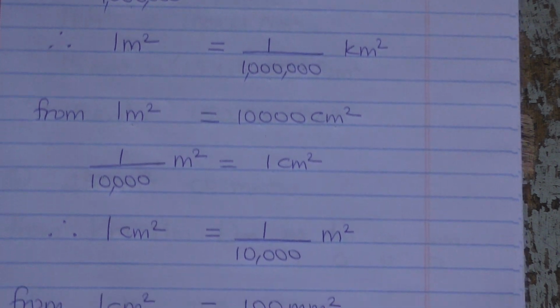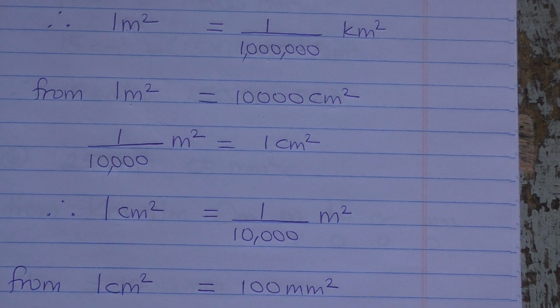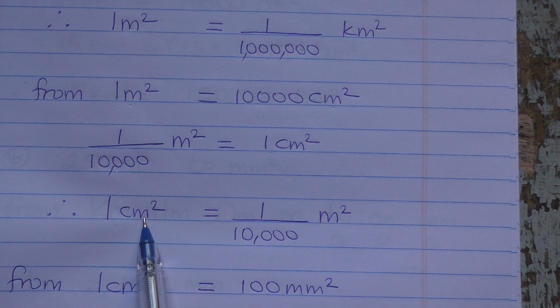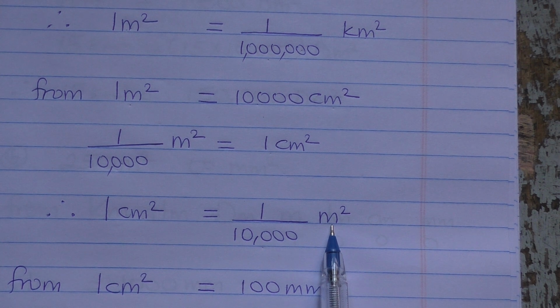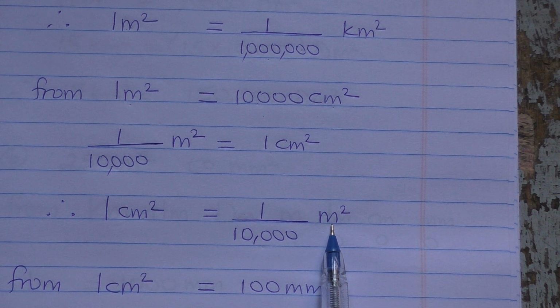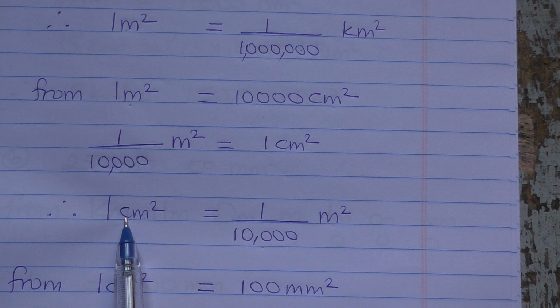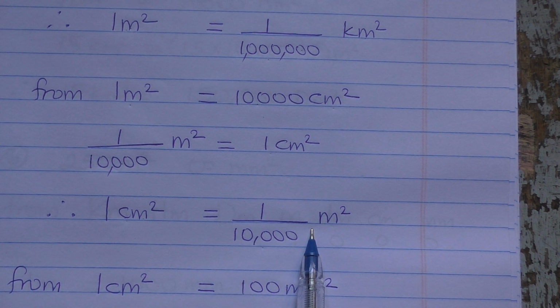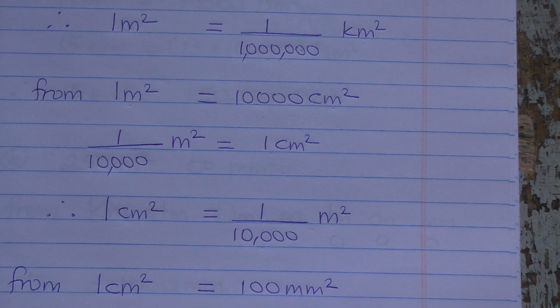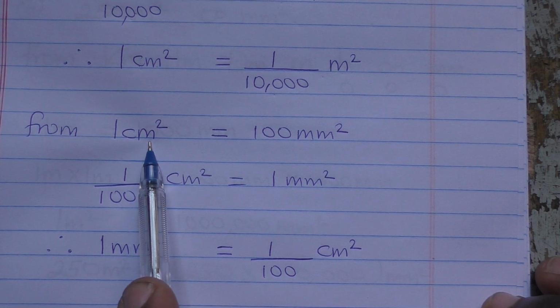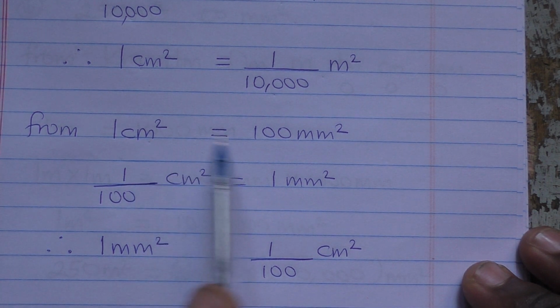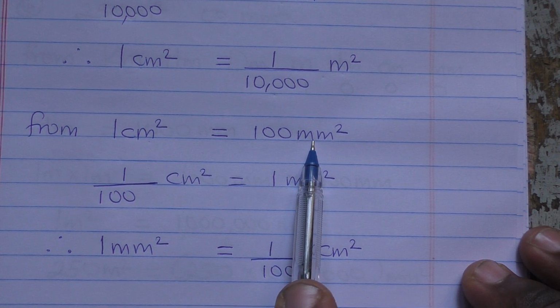And therefore, we conclude that 1 centimeter squared is equivalent to 1 over 10,000 meters squared. Still, don't forget that we are changing from a smaller unit to a bigger unit, and that's why we are dividing.